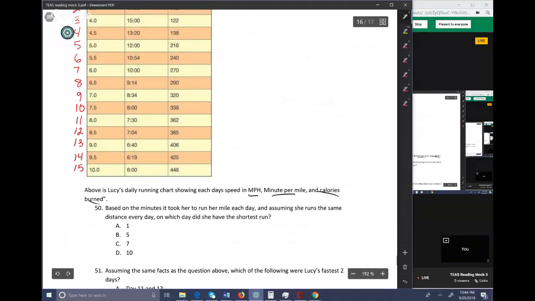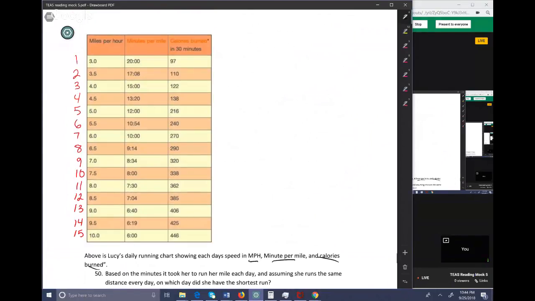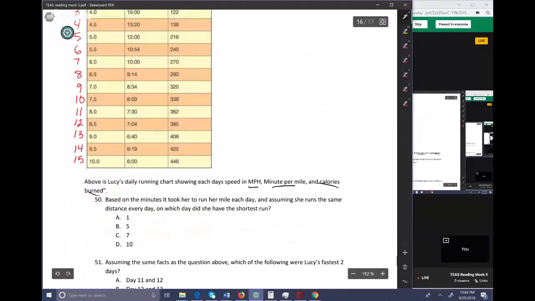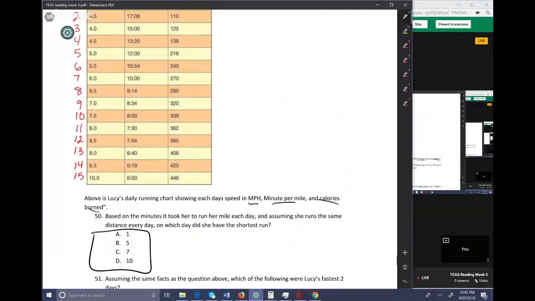Based on the minutes it took her, so that's the middle column, minutes per mile, to run her mile each day, and assuming she runs the same distance every day, on which day did she have the shortest run? They're not asking you to look through this entire gigantic list. You can only pick from those ones. So out of the ones that they have listed, which in this case are very random, which of those 4 would have been her shortest run? So day 10 was 8 minutes.